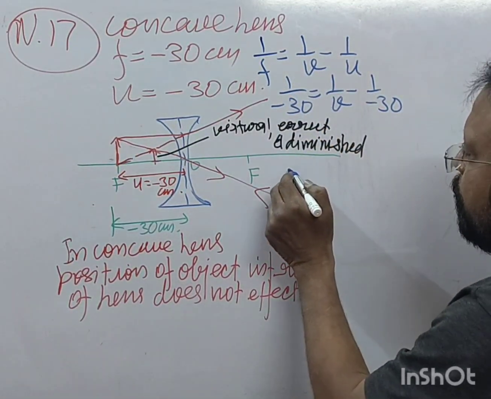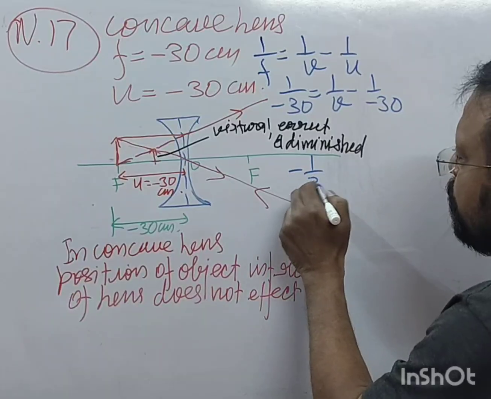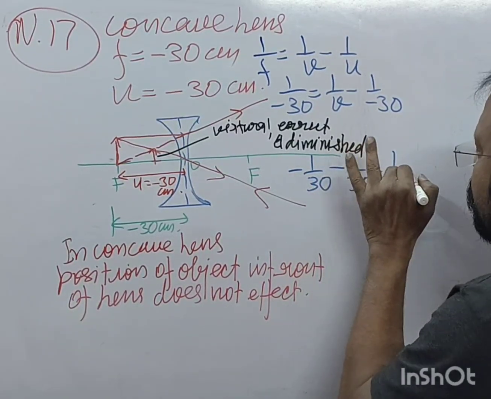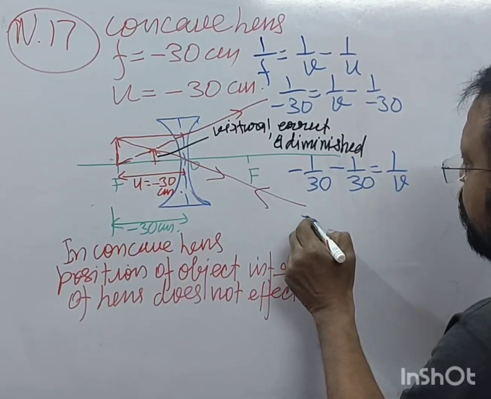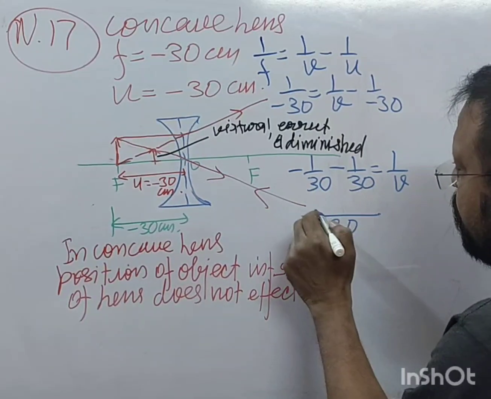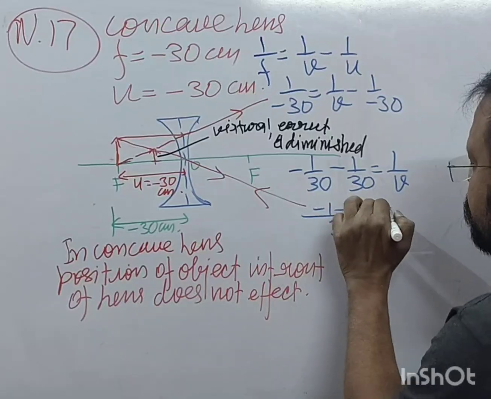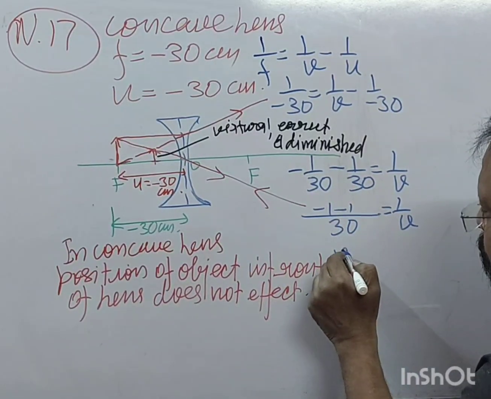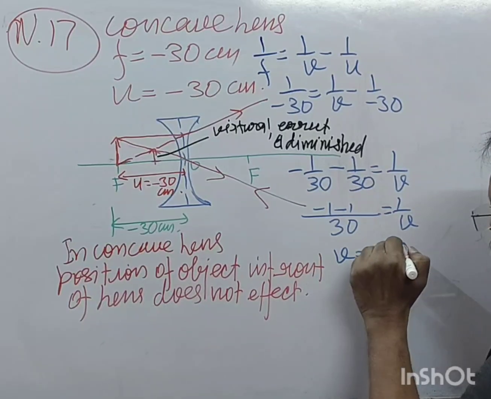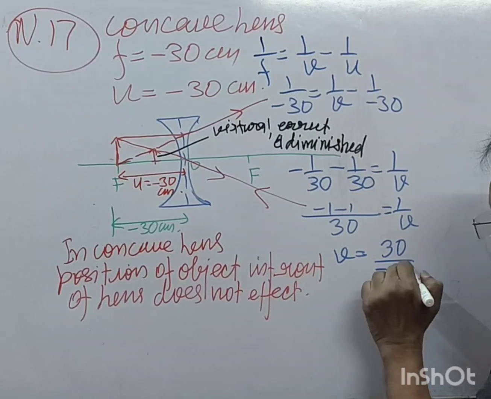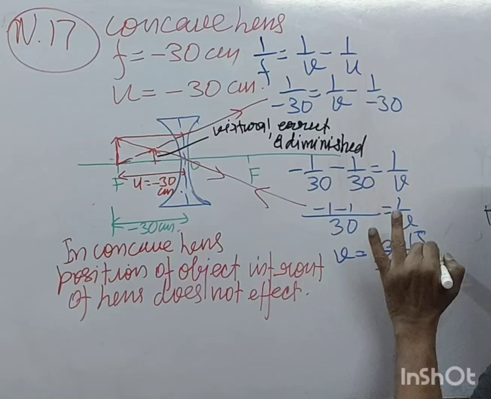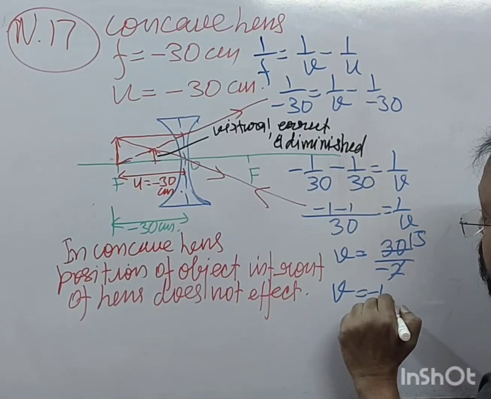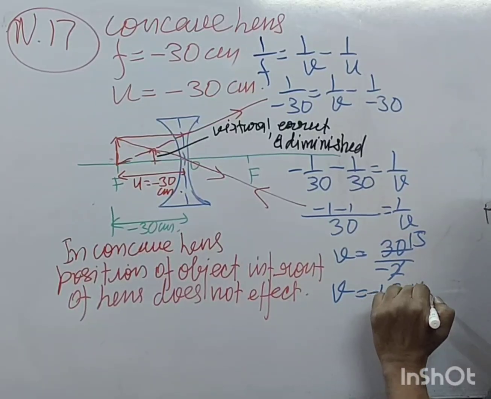So you get minus 1 upon 30 minus 1 upon 30 is equal to 1 upon v. With 30 as the LCM, minus 2 over 30 becomes minus 1 over 15, so v is equal to minus 15 centimeter.